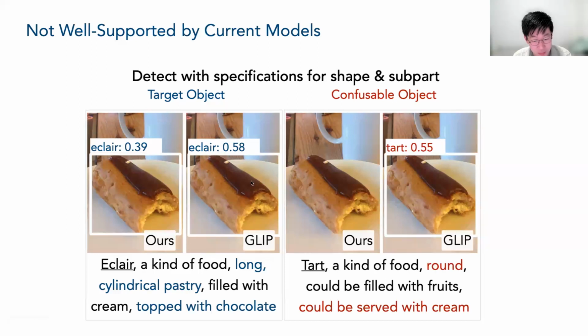And you can see the GLIP model basically just ignores the rich description I give it and just says, oh, it's kind of food. So whenever you give me a food-like prompt, I will detect that food for you. So it's mistakenly treating this as a tart, which it is not. But for our model, which I will introduce, you can actually do it pretty well.